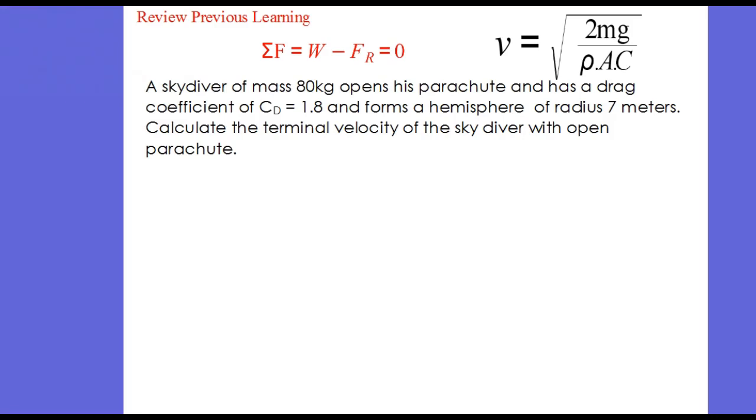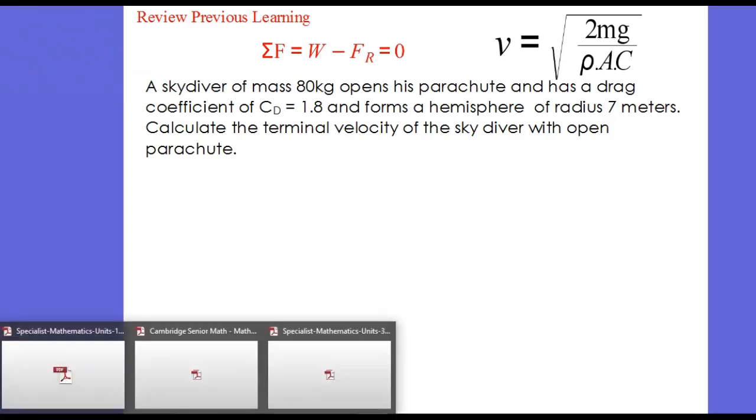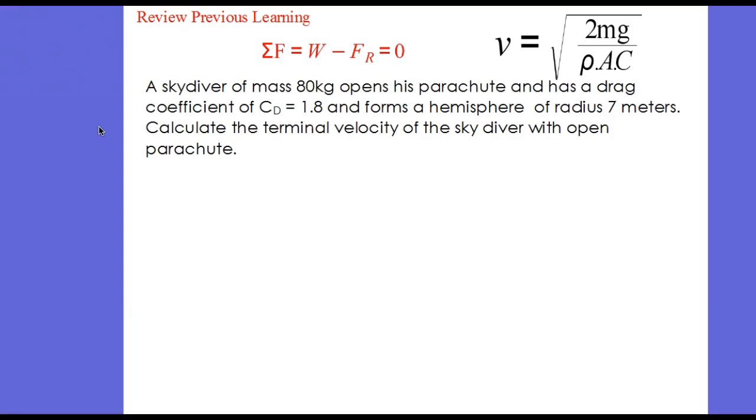Last lesson, we looked at the idea of a falling object which experiences two forces: the weight force pulling it down towards the ground due to gravity, and then air resistance in the opposite direction, pushing it back up.